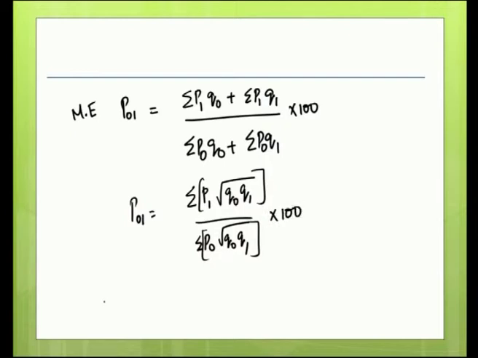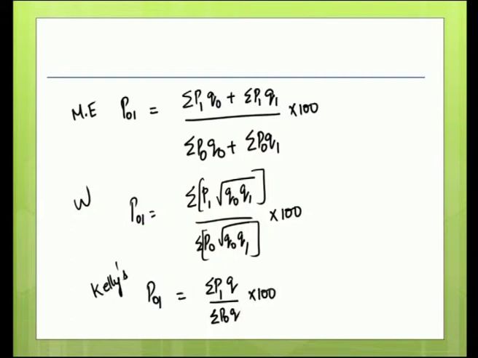Into 100. This is Walsh's method. Next, Kelly's method. P01 is equal to summation P1 into Q by summation P0 into Q into 100, where Q is equal to Q0 plus Q1 by 2.